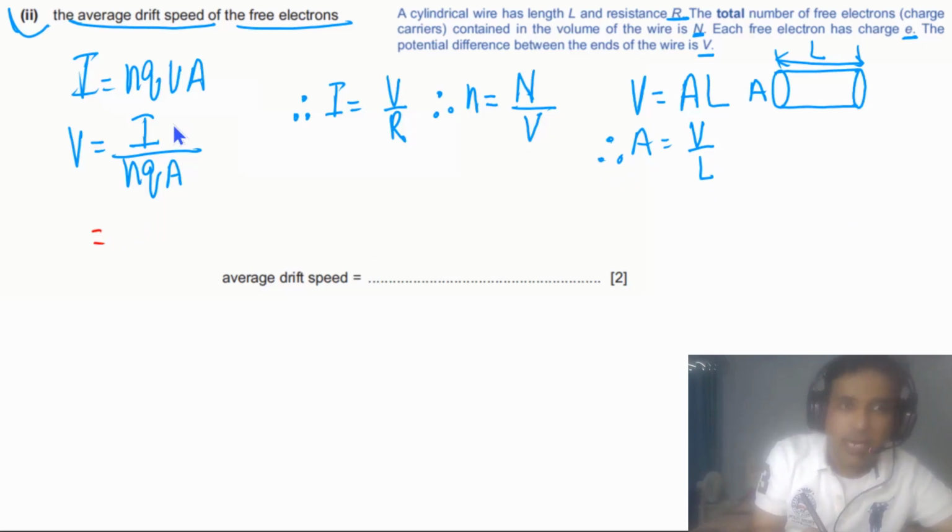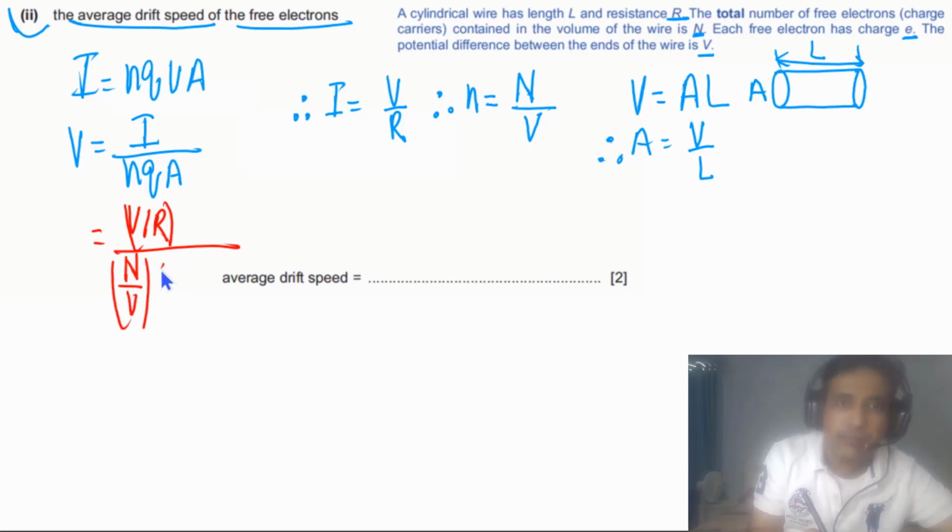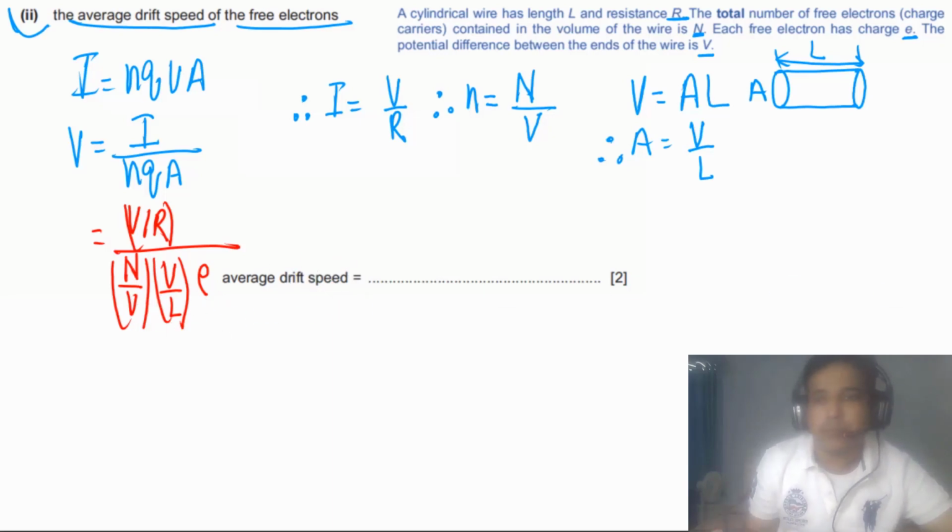So first of all, I is equal to V divided by R. Then we have N, N is equal to capital N divided by V. And we have A, that is equal to V divided by L. And we have Q, Q is equal to small e. Now we can simplify this one.